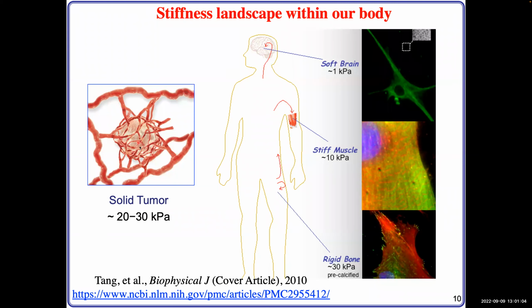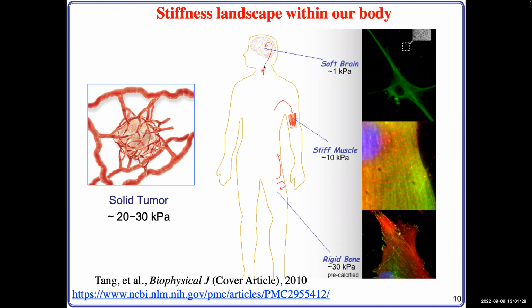Very good. So on the left-hand side, this is a human tumor, a solid tumor. Those red channel lines are vasculature. Those vasculature are connected with the tumor, supporting the tumor with nutrients to let it grow. This is the human body.